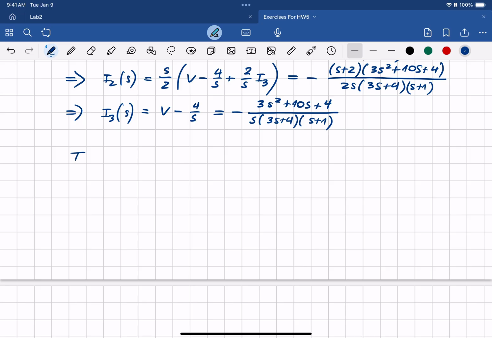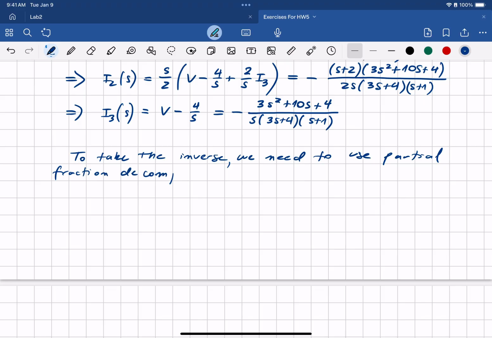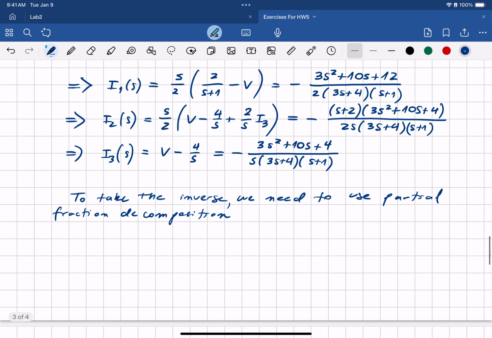So to take the inverse, we need to use what we call partial fractions. Partial fraction decomposition. So probably I'm gonna walk you back to the calculus time where you had to do this at some point.